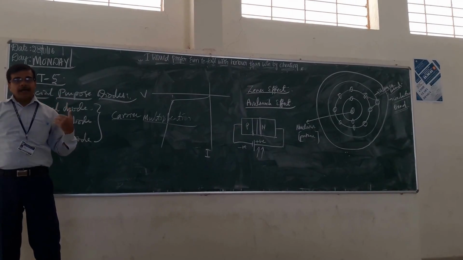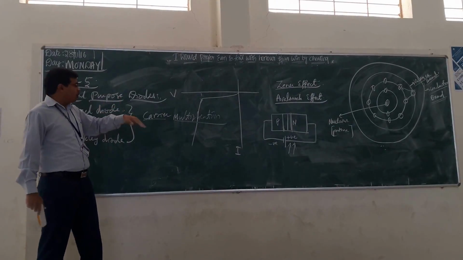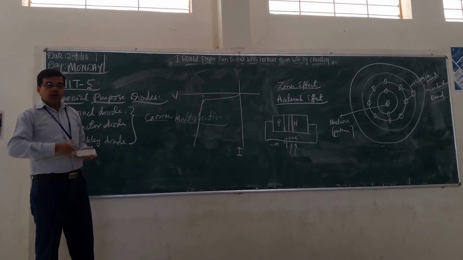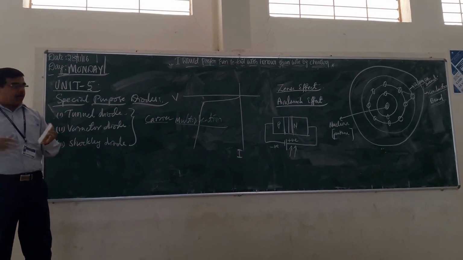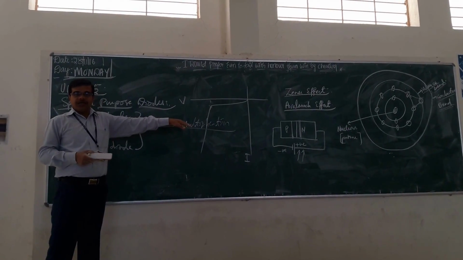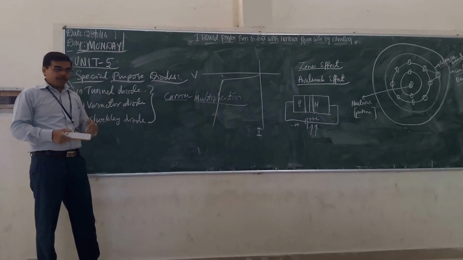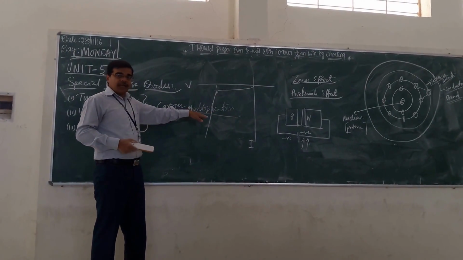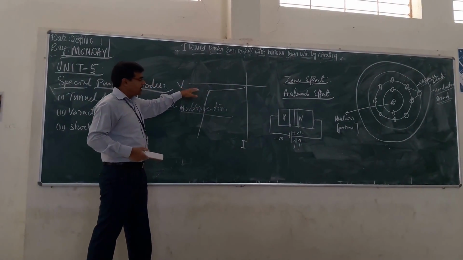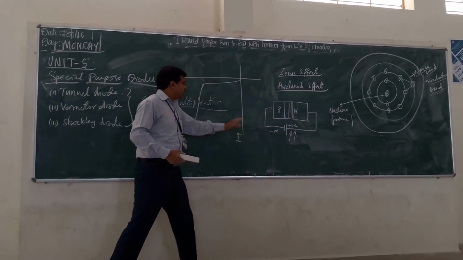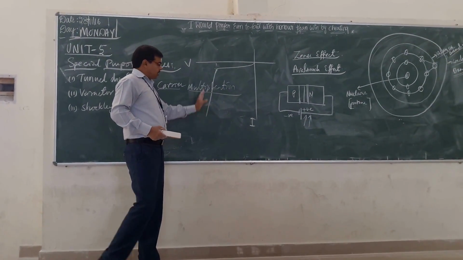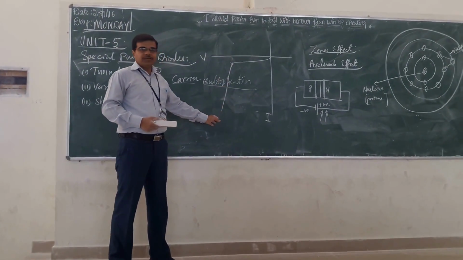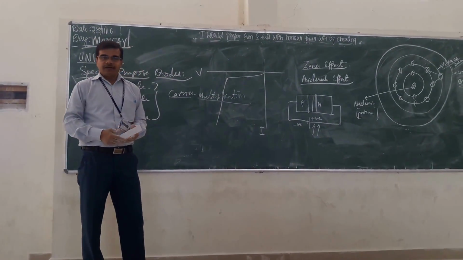The electron-hole pairs are separated and more electrons are generated. Because of carrier multiplication, with a small increase in reverse voltage you get a drastic increase in current. This is called the avalanche effect.